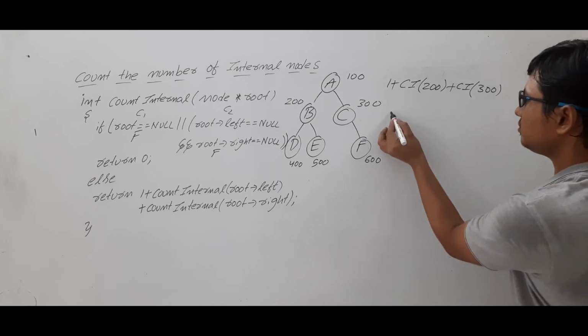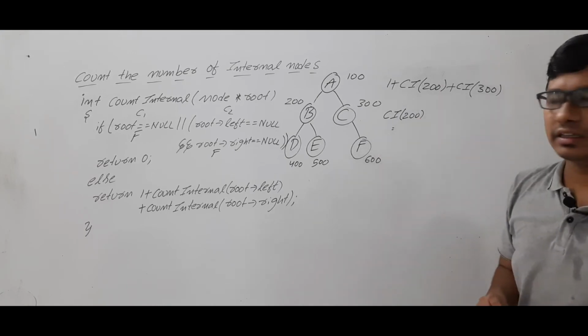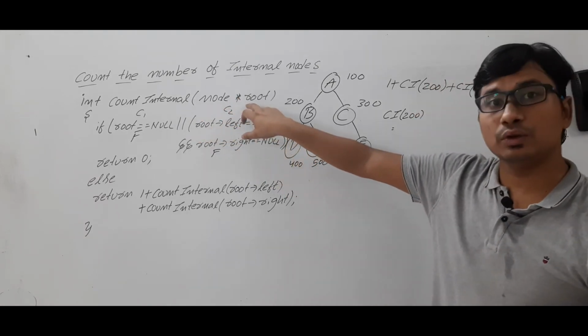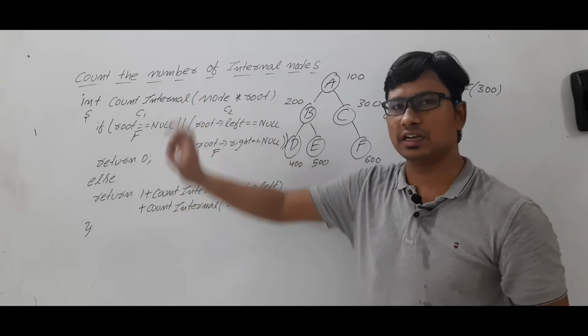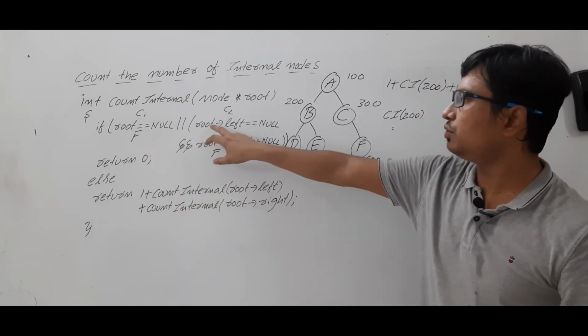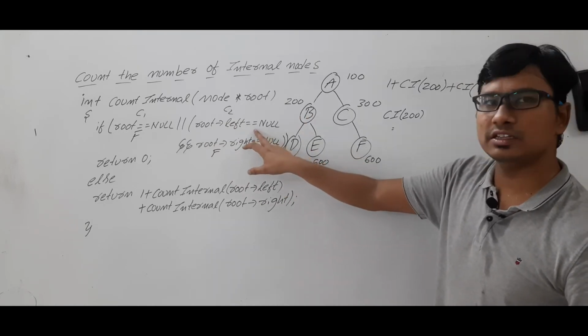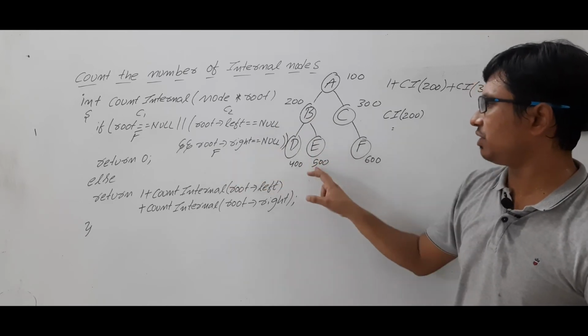Now the function will execute with the value 200. So let me write Ci 200, count internal nodes 200. Now the root value is 200 here, which is not equal to null. Again this condition is false. Now root of left means 200 left is 400. Again this one is false. 200 right is 500, which is false.